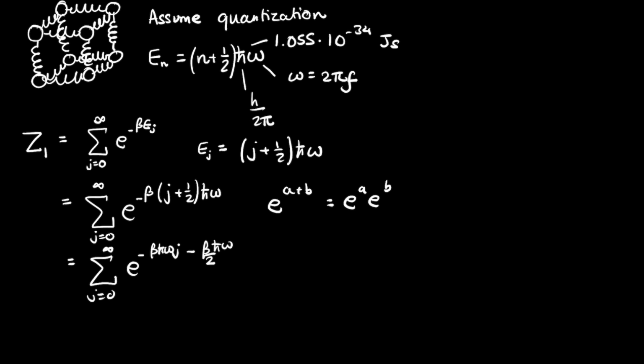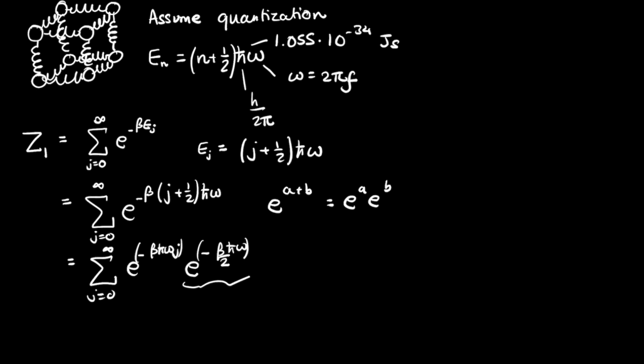So I've just expanded this bracket out, and as you can see, we can now separate this into two separate exponentials. That's all in brackets, and that's all in brackets there.